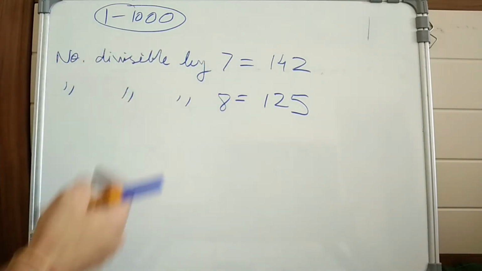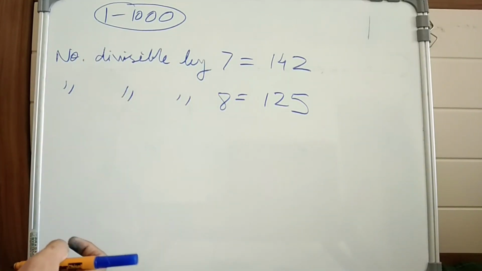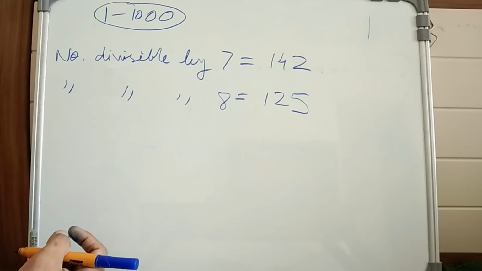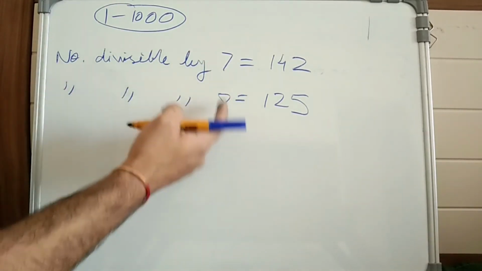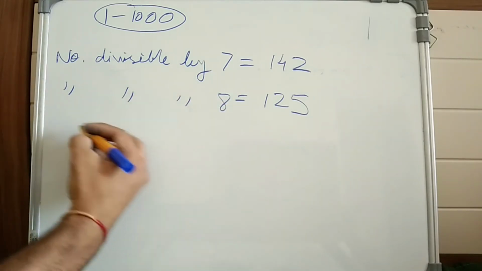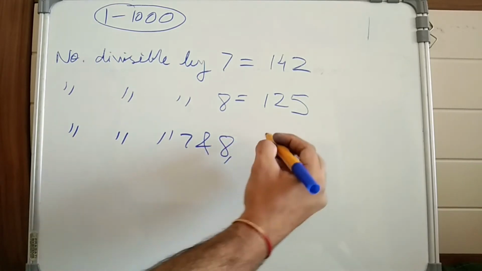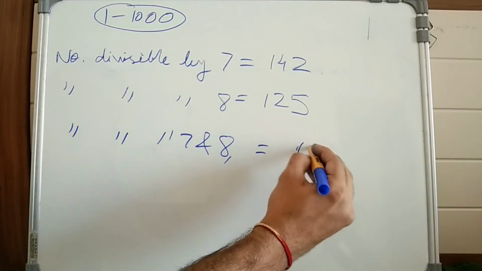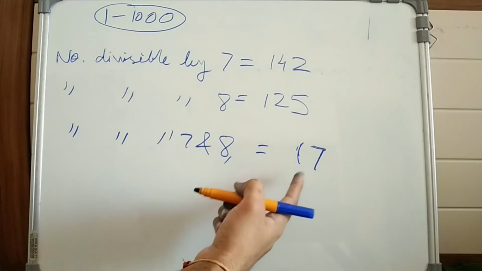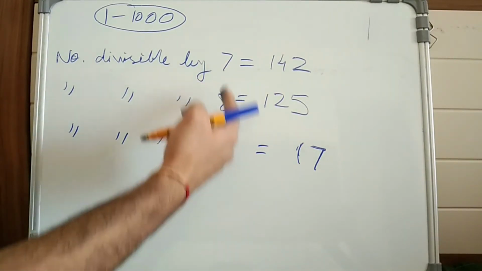And there are numbers divisible by both 7 and 8. Those numbers are 17. So there are 17 numbers which are divisible by both 7 and 8.